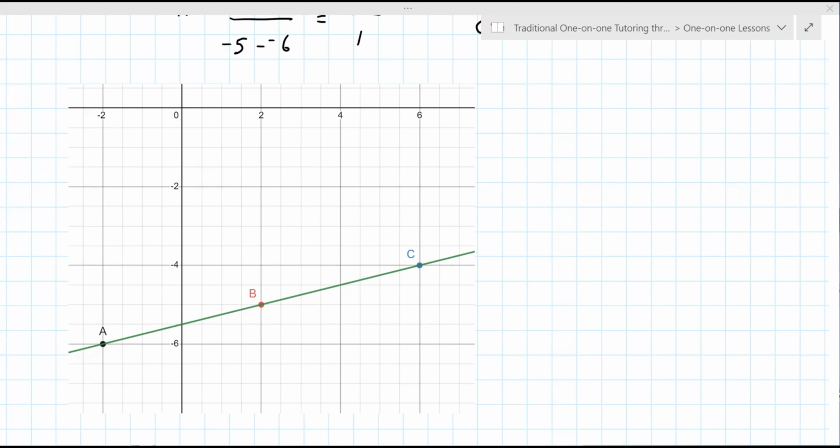Because what? Because they're on the same line. If you draw a picture with them on the same line, you don't have to give an explanation. You just say yes. Okay. There we go.